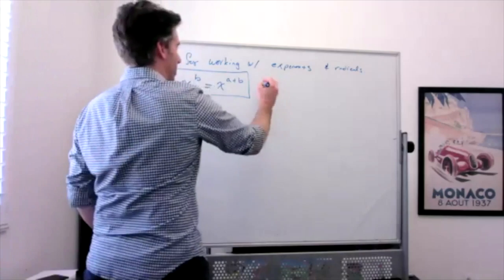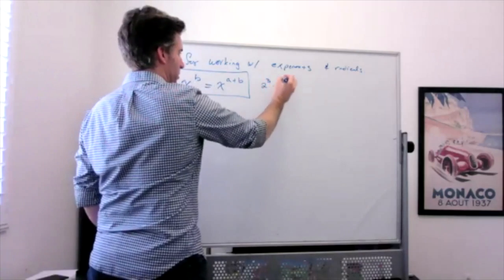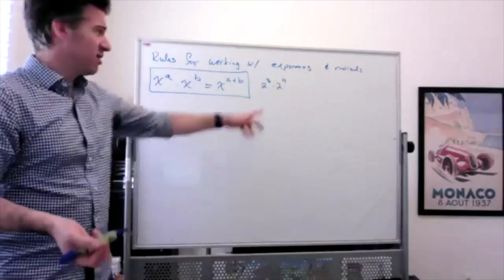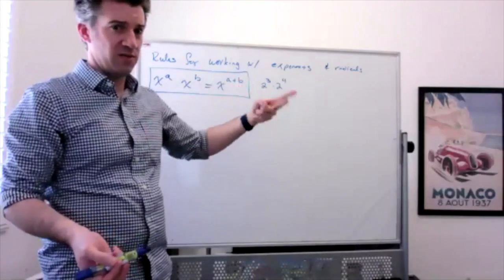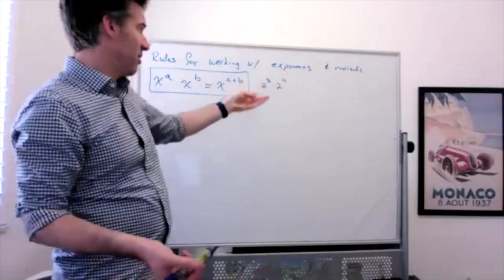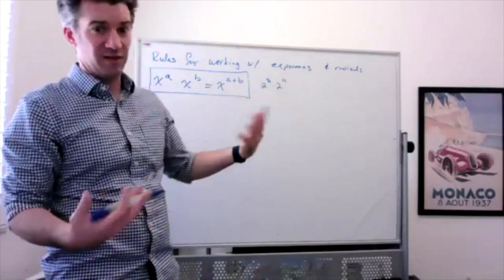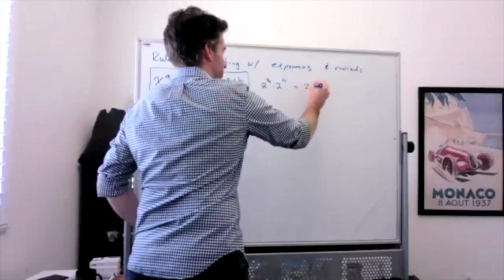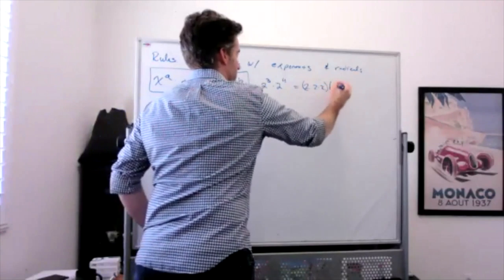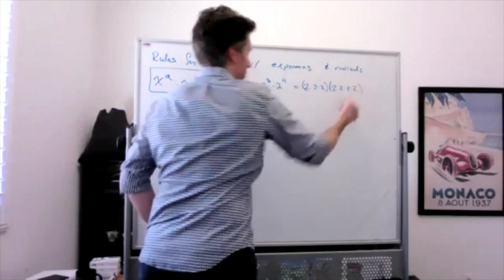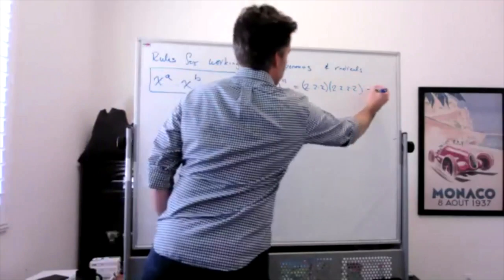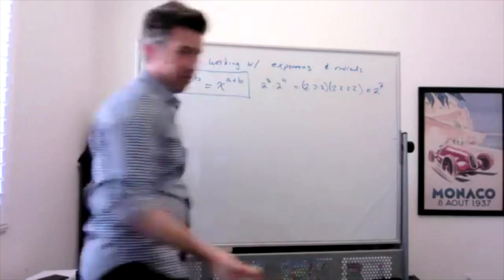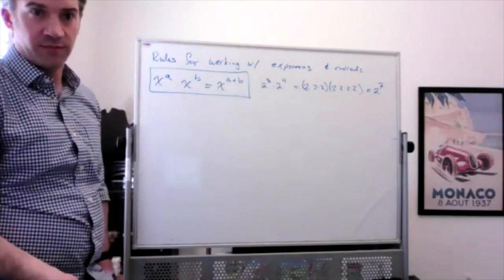If you're multiplying 2 to the third times 2 to the fourth, 2 to the third means 2 times 2 times 2, and 2 to the fourth means 2 times 2 times 2 times 2. And so that times that is just 2 multiplied by itself 7 times. 2 times 2 times 2 times 2 times 2 times 2 times 2 is exactly 2 to the 7th, which is 2 to the 3 plus 4.